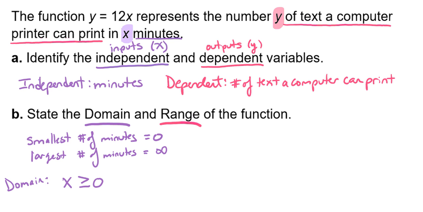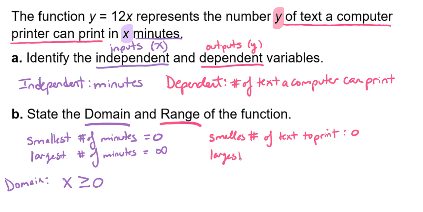What about the range? Well, is it possible to print negative number of texts from a computer printer? The answer is no. So what is the smallest number of text to print? Well, the smallest number that it can print is the number 0.